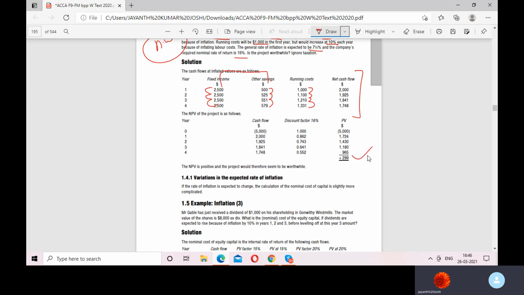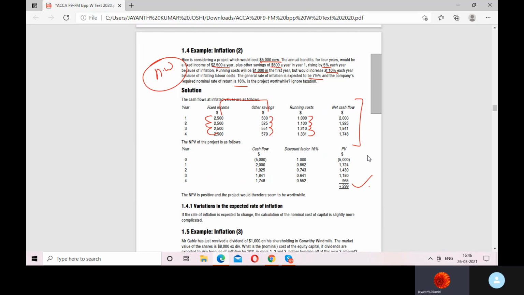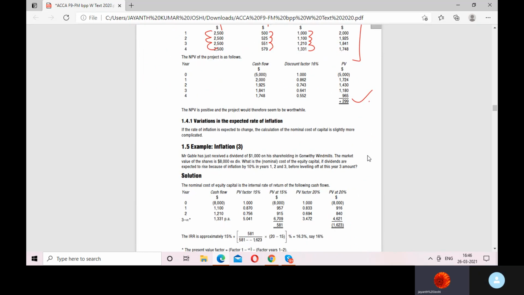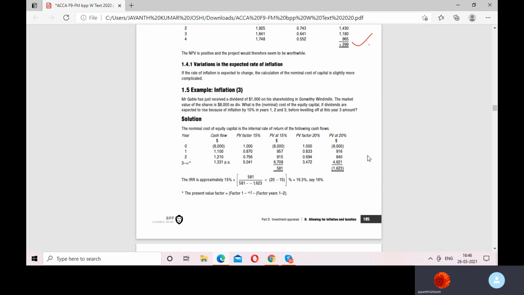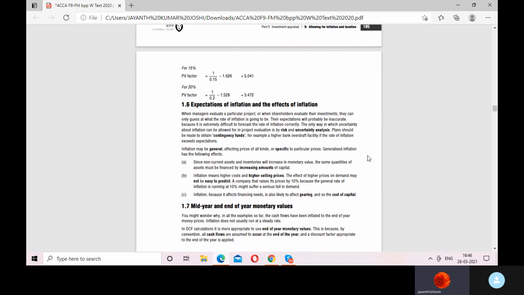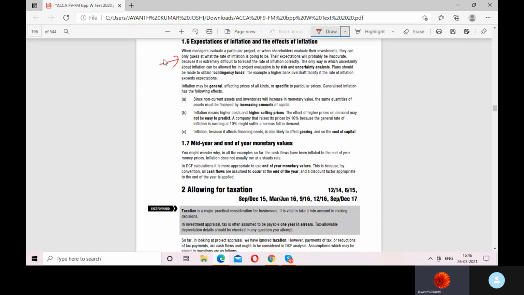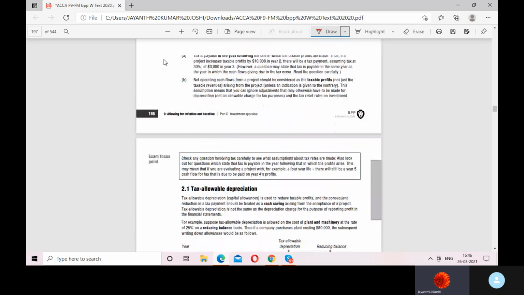You got this NPV. That means if you are going for long projects, it is better for you to go with nominal rate of return, correct? Yes, sir. Now go for this second question. Then we will discuss these expectations of inflation and allowing for taxation. Now, please go for this question.